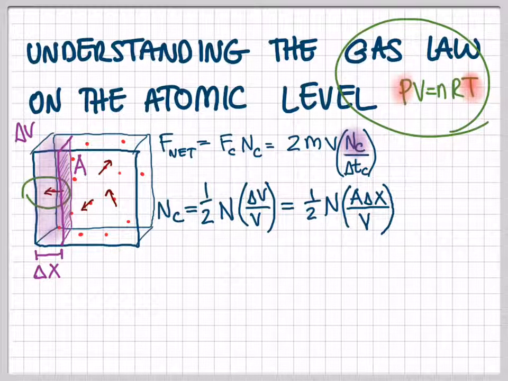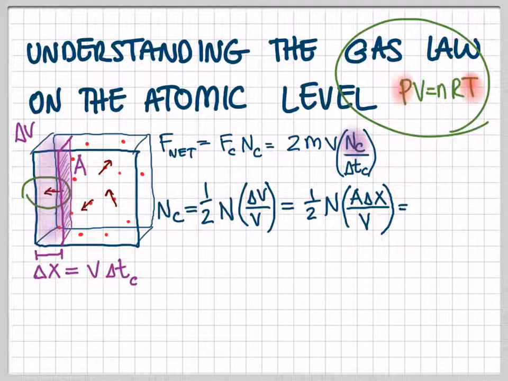If they don't have enough velocity, they will not be able to actually cross into that box and hit the wall. Put another way, my delta x must be equal to a certain average velocity times the time it takes for a collision to take place. Now notice that this gives us an opportunity for another substitution.